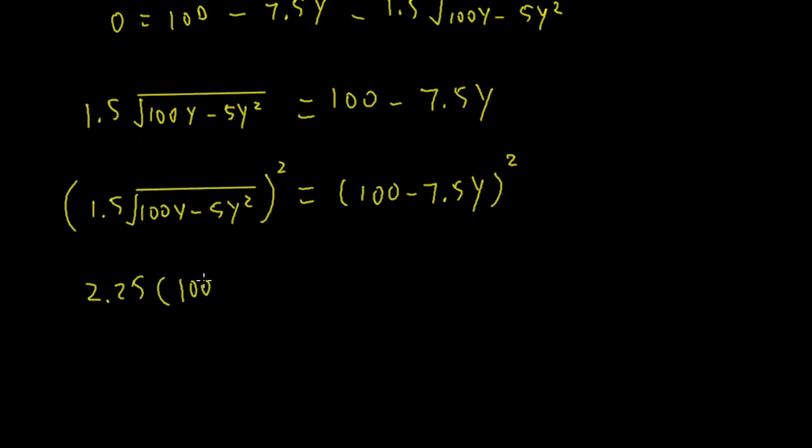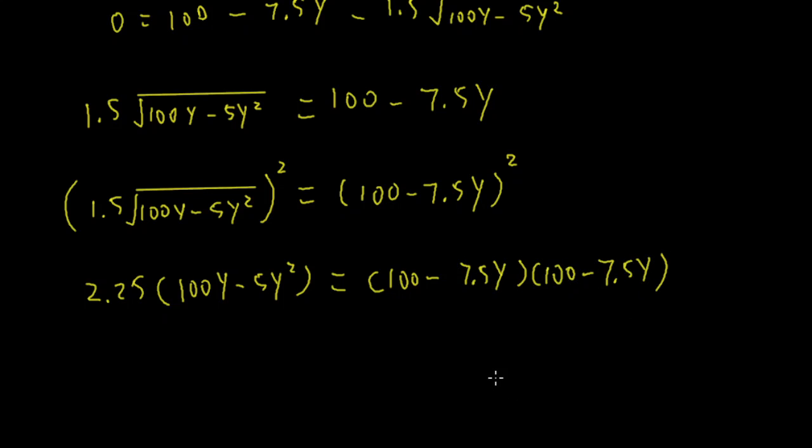2.25 times 100y minus 5y squared. So that's the left side. Now what is the right side? Now the right side is basically 100 minus 7.5y times 100 minus 7.5y. So let's distribute this. 2.25 times 100y is 225y minus 2.25 times 5, 11.25y squared. Now what is the right side?